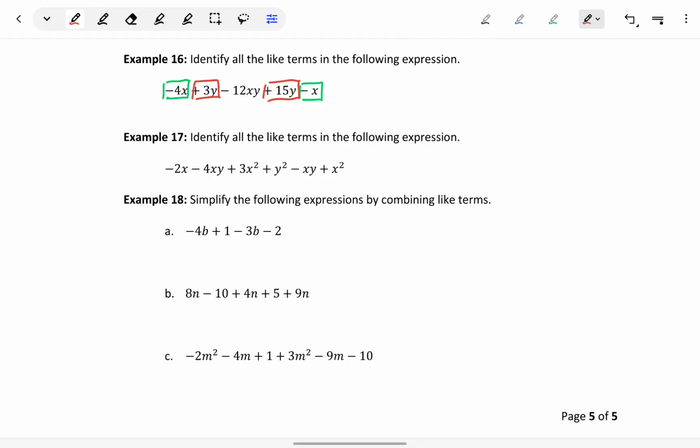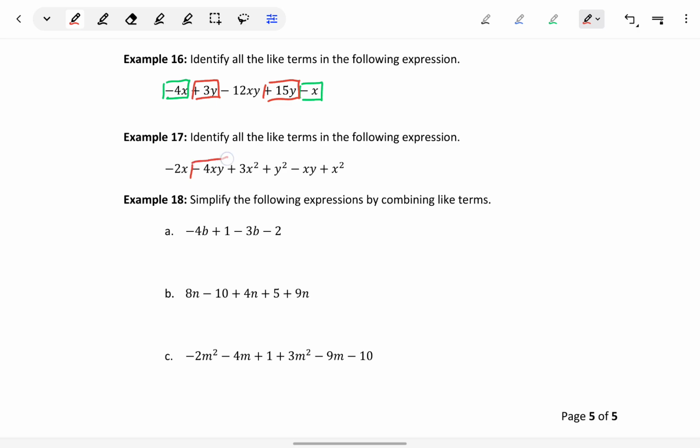In example 17, we're again asked to identify the like terms. So starting with negative 2x, there are no other terms that have just an x. We have terms with xy and x squared, but those terms aren't identical.